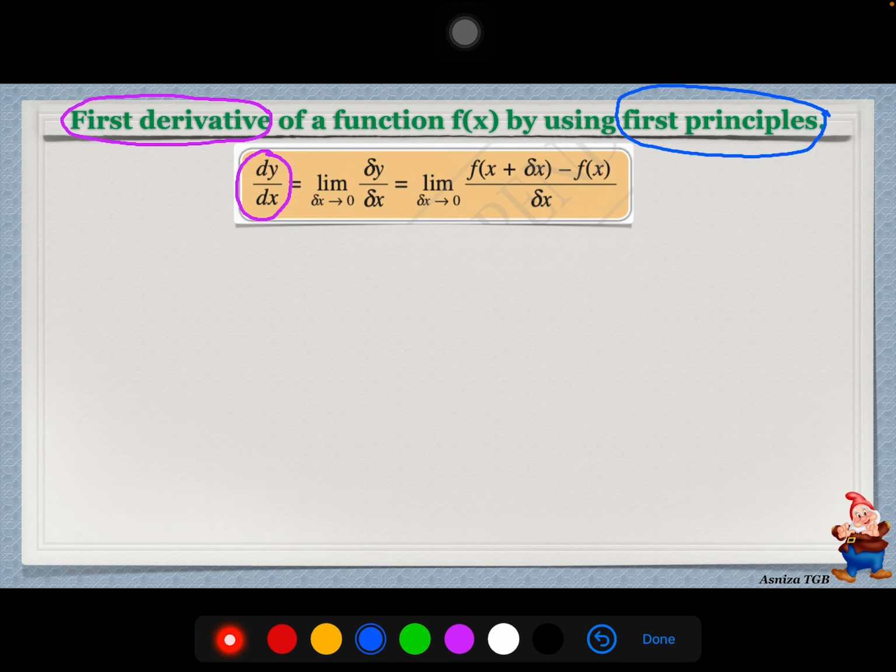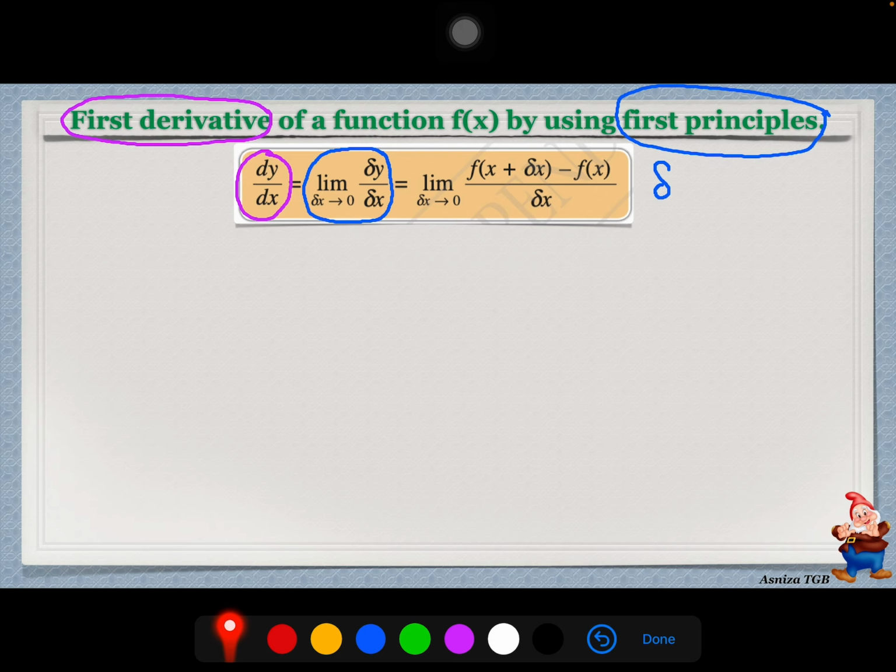Using first principles means we need to use the concept of limit, that is to find the limit as delta x approaches 0 of delta y over delta x. The symbol delta here is a small change. So delta y means small change in y, and delta x means small change in x.